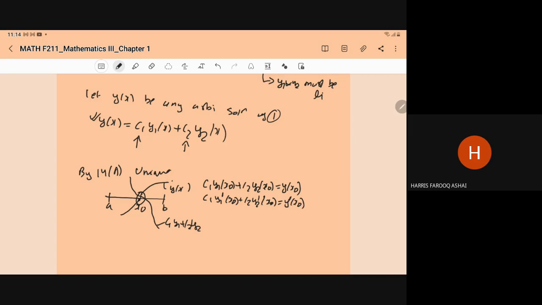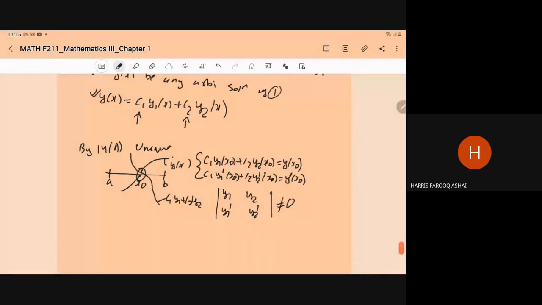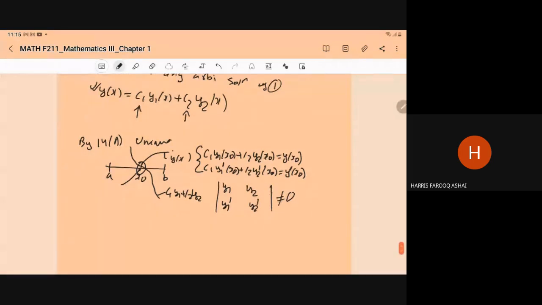Now for computing c1 and c2, the determinant of y1, y2, y1 dash, y2 dash must be non-zero. Only then will this system of equations give you the unique values of c1 and c2.